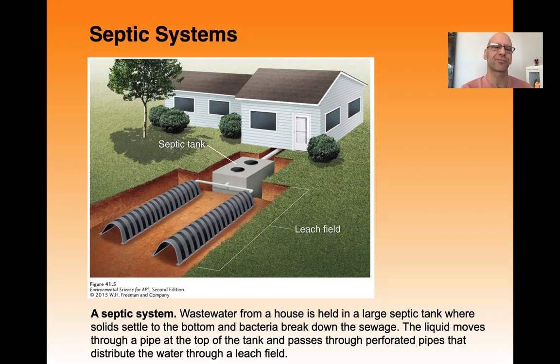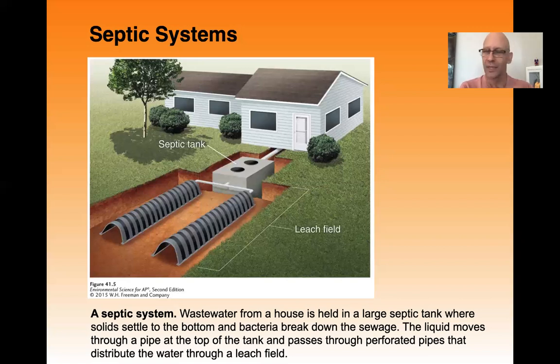And that tank then periodically is emptied. You may have seen driving around these big trucks that look like a big tanker truck. And those trucks back up to your septic system, and every couple of years, it just kind of depends on how much traffic you have in your house, that truck empties whatever's in your septic tank.